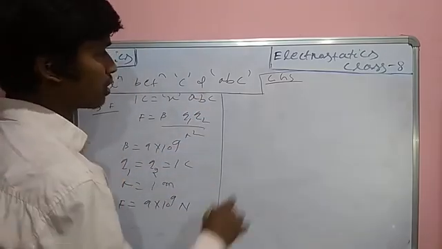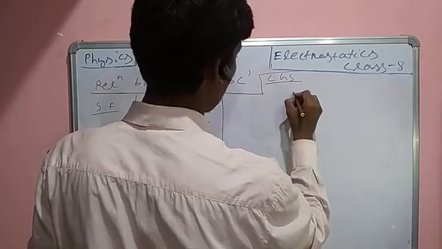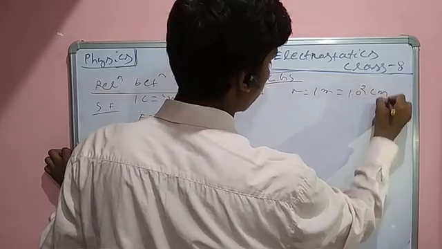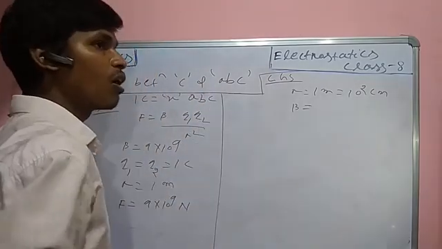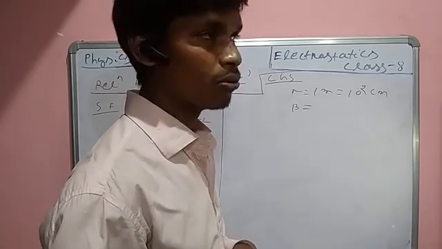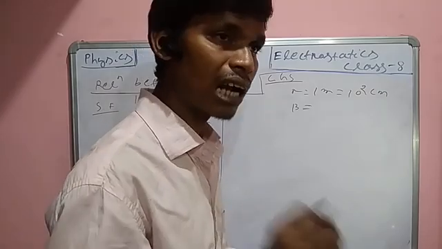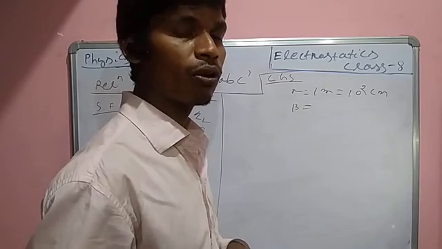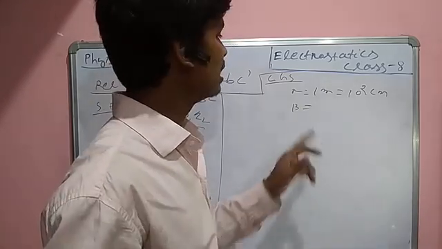So in the CGS system, R is equal to 1 meter is equal to 10 to the power 2 centimeter. Beta here is for abcoulomb, which is available in EMU. In ESU, the electrostatic unit, the CGS unit of charge is stat coulomb. In the electromagnetic unit, the CGS unit is abcoulomb. That means in EMU, the CGS unit of charge is abcoulomb.